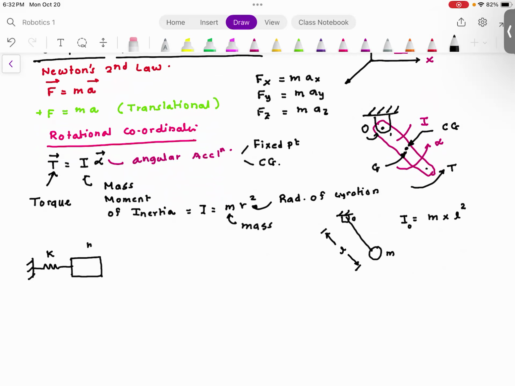The spring has stiffness K, mass has mass M. Stiffness K is given as load divided by deflection, which means if the spring can be easily stretched, it's called a soft spring, with stiffness very low.